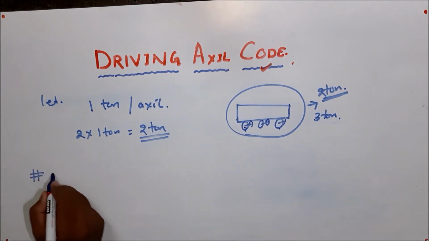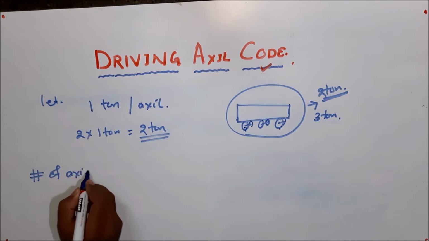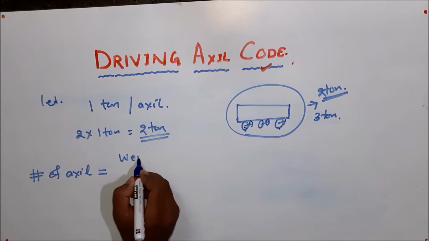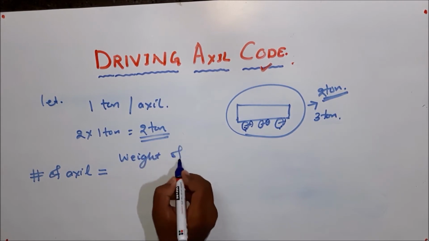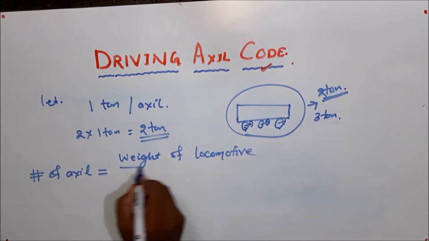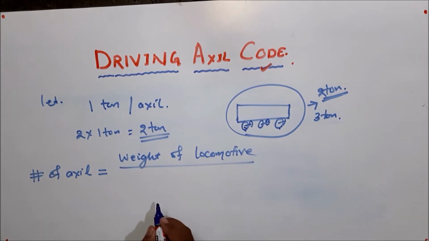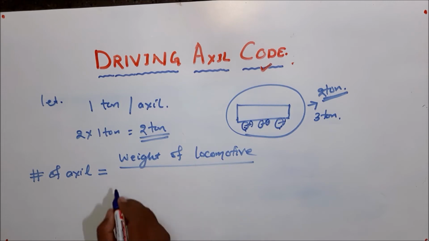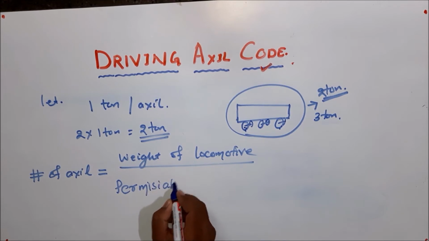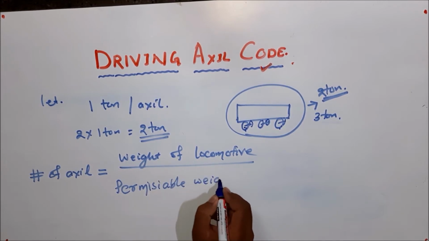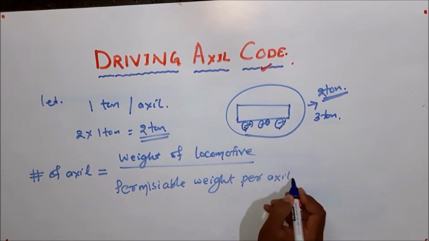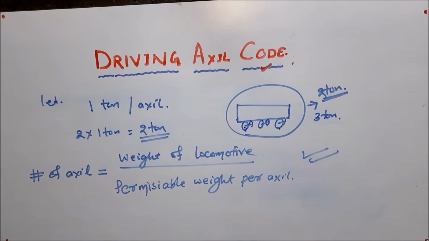The number of axles is nothing but the ratio of the weight of the locomotive divided by the permissible weight per axle. This is an important formula, you have to remember this.